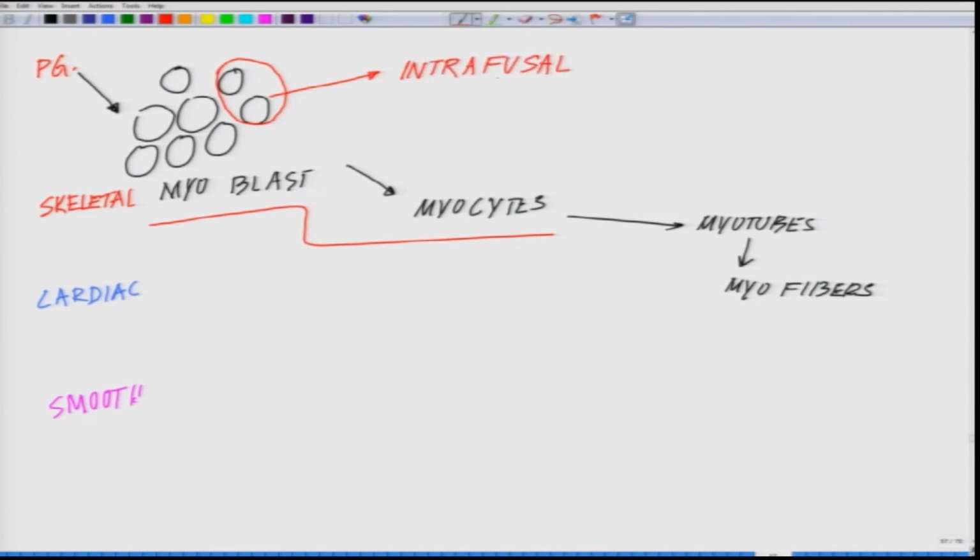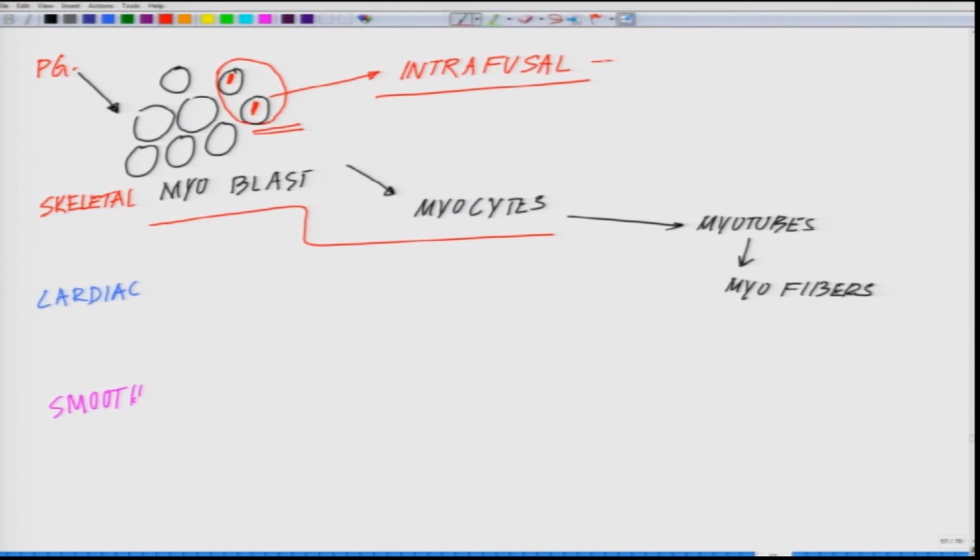And to the best of my knowledge, as of now, no one has been successful in figuring out which one will become intrafusal, what that small population is, and how we can convert them into intrafusal.